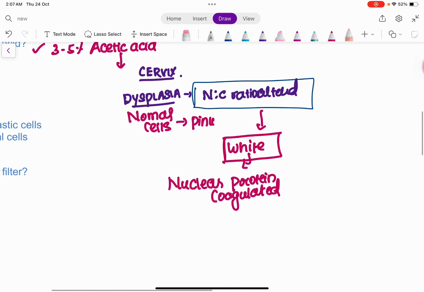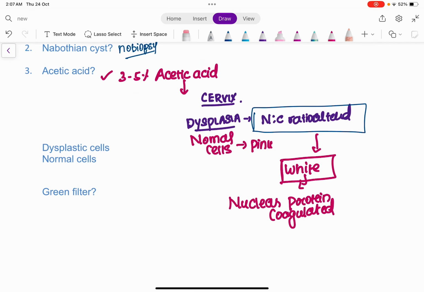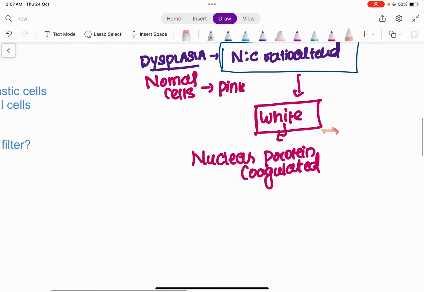So this is the theory of acetic acid, and the visualization after applying acetic acid shows the dysplastic cells as white in color, right? Whereas the normal cells which are not dysplastic appear pink in color. So basically you have to take a biopsy from anything which is rough, anything which looks like an abnormal cervix, right?